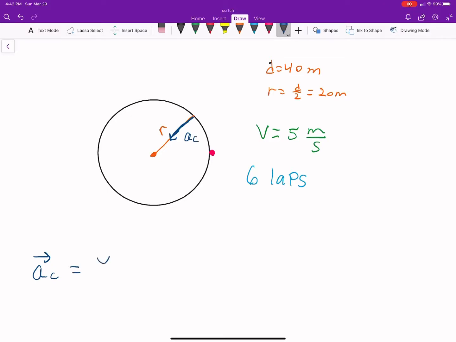So v squared over r, the velocity is 5 over your radius of 20, meters per second, sorry. That ends up being 1.25 meters per second squared. That's our centripetal acceleration.